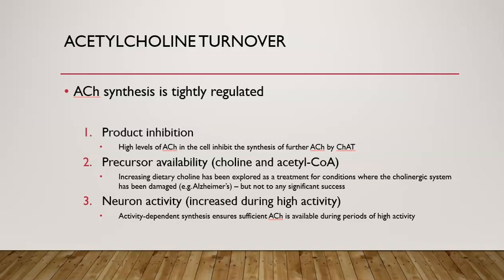The first is that increasing the amount of dietary choline in Alzheimer's patients actually failed to improve symptoms. So just increasing the choline that an Alzheimer's patient has did not lead to improved symptoms, possibly because we already had too much acetylcholine happening, so increasing the acetylcholine just wasn't available.